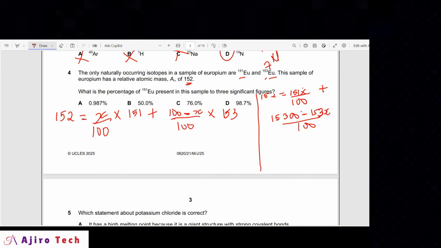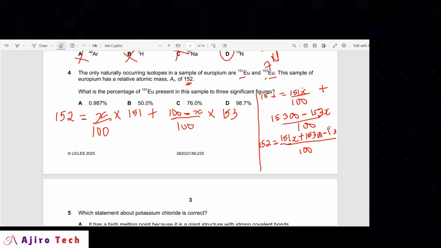From this second step, 152 can be equal to, solving fractions now, they have a common denominator, so it's all 100. Make it 100, then it becomes 151x plus 15300 minus 153x. All right, sorry, let me erase this so that it's visible.